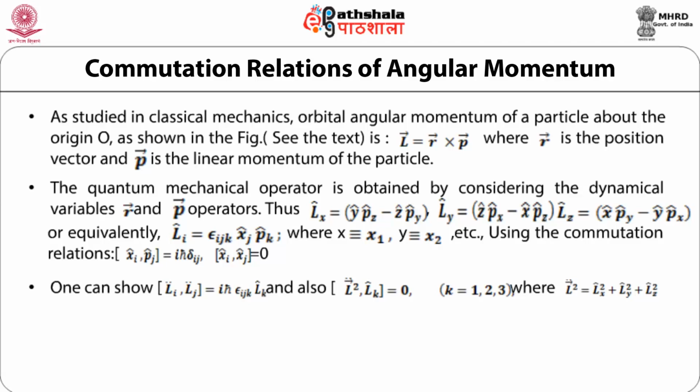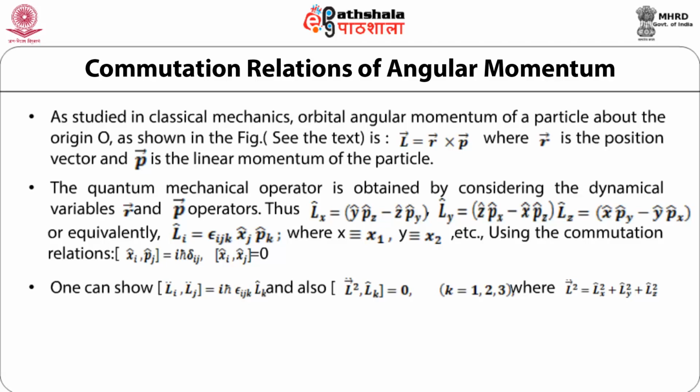Similarly, the y component of the orbital angular momentum operator is given by operator z times operator p subscript x minus operator x times operator p subscript z, where again operator x gives the x component of the position vector, while operator p subscript x gives the x component of the linear momentum operator.